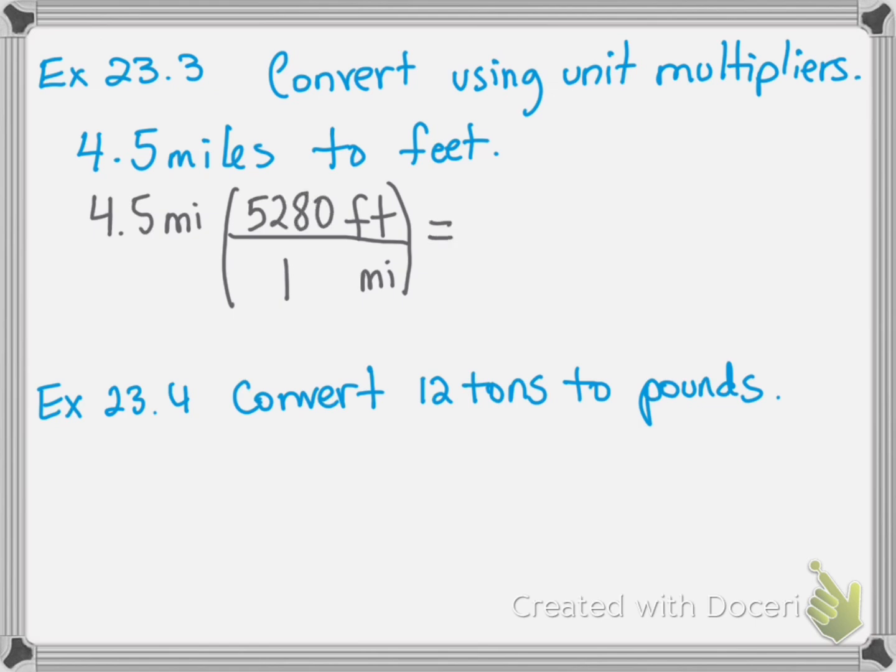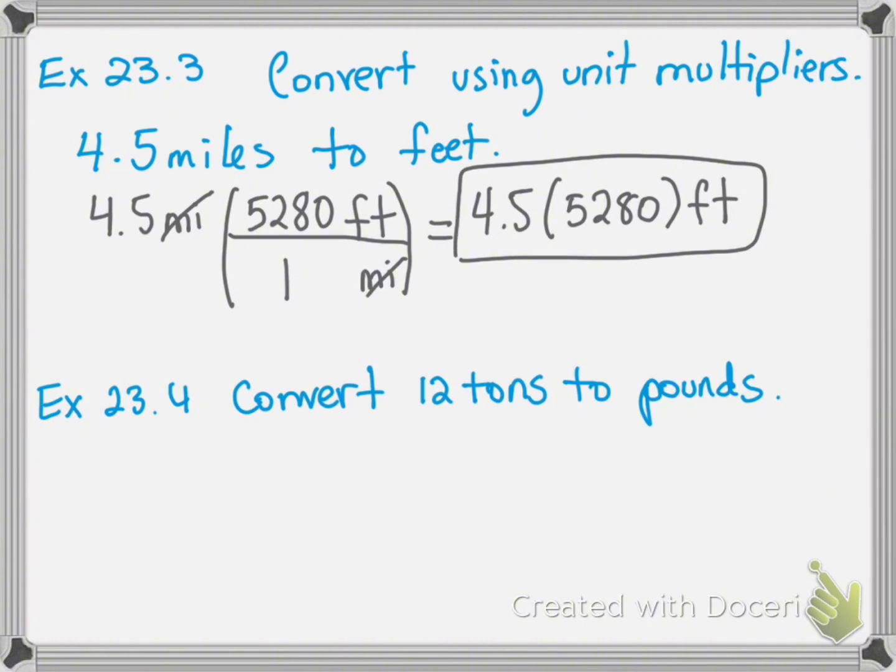And so now I multiply, and the miles cancel each other, and the 4.5 is going to be next to the 5,280 because the 5,280 is on the top, so it's multiplying, and I put my units. Now, writing the units is super important because we are passing there. If we don't put that, then we don't know what we have. So you have to put the units in your answer.